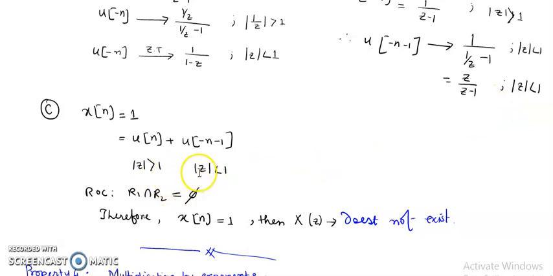Since these two ROCs indicate two different areas which have nothing in common, the intersection becomes phi. Thus the ROC is empty, or you can say that the z transform for x[n] equal to 1 is not possible.